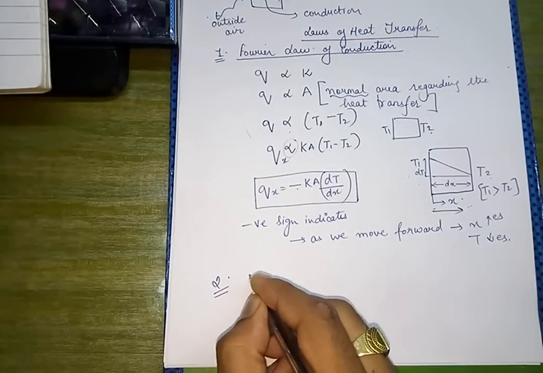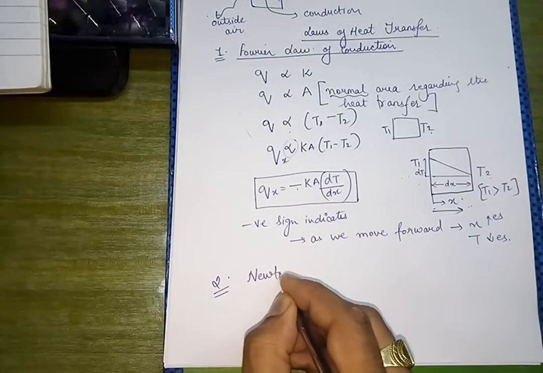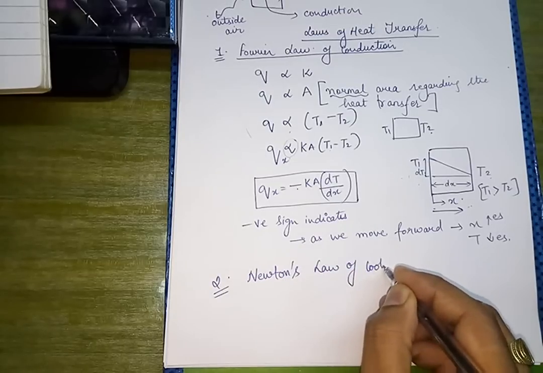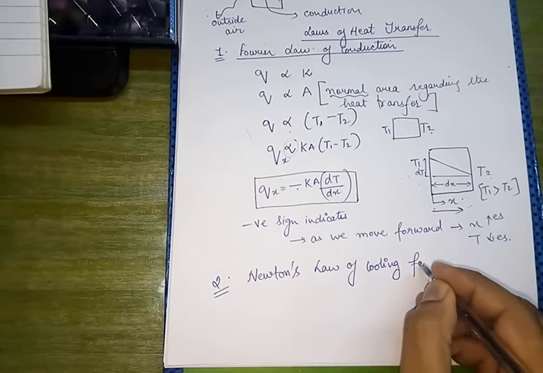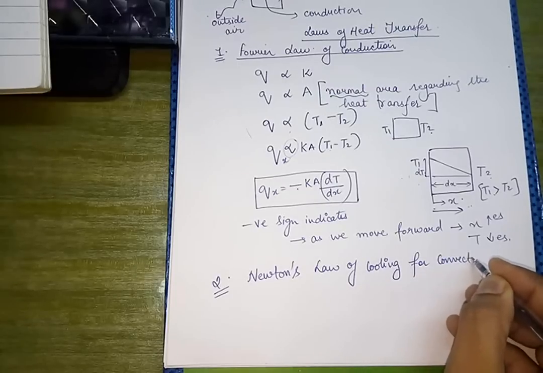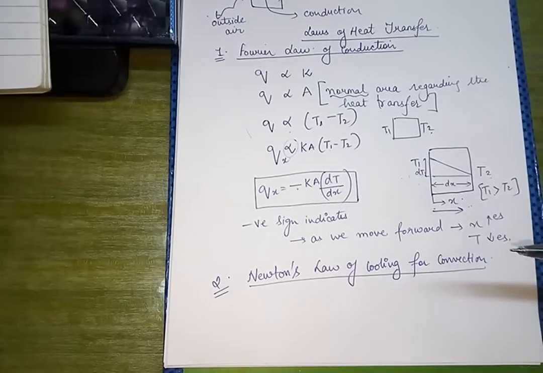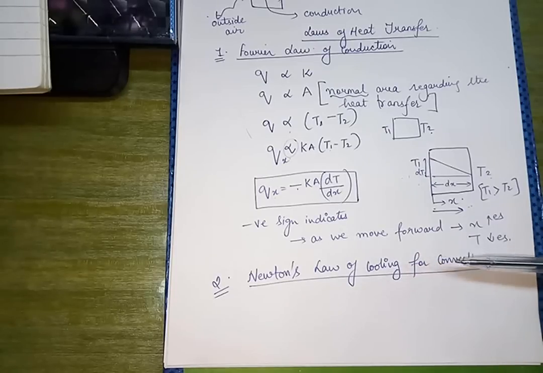The second law is Newton's law of cooling for convection. One very basic difference between conduction and convection is that in convection there is actual movement of the particles. They gain energy at one point and travel to the other point, and this is how the energy is transported.